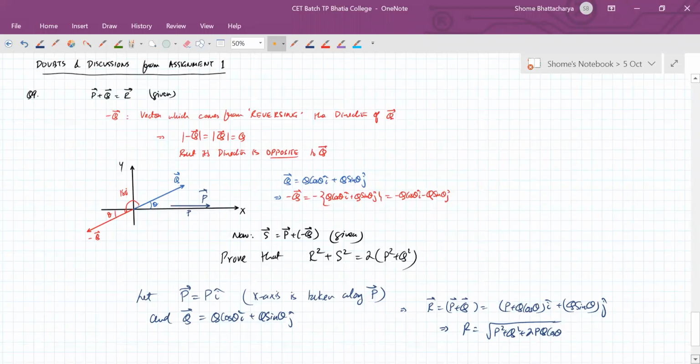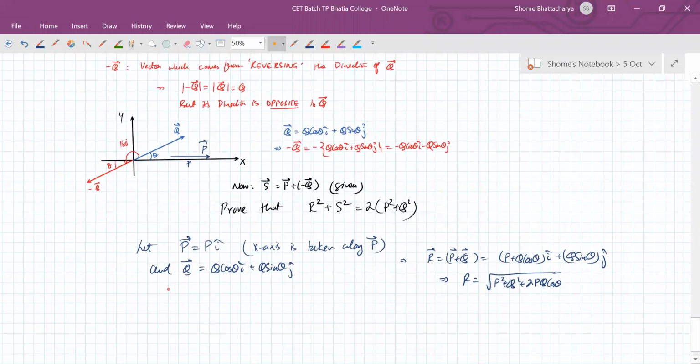But now we can also see that in component form, minus q is a vector minus q cos theta i cap minus q sin theta j cap.